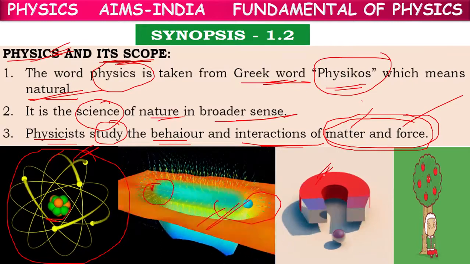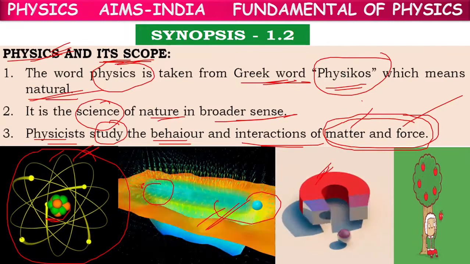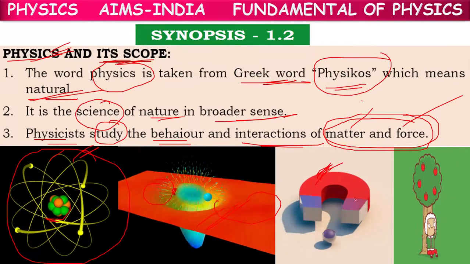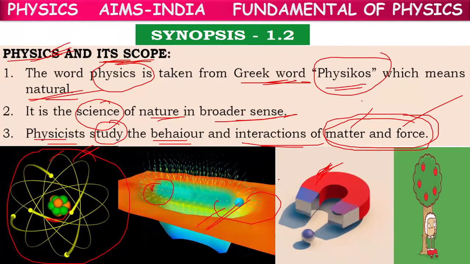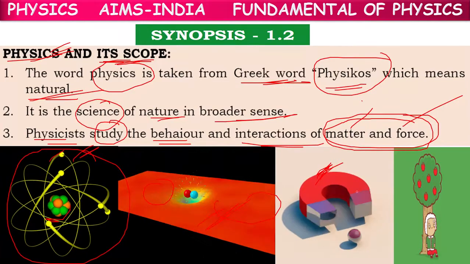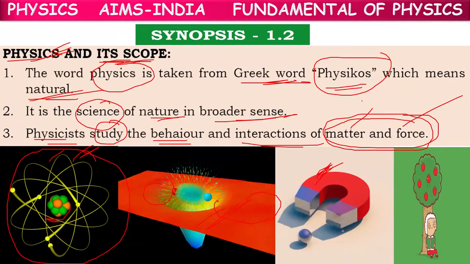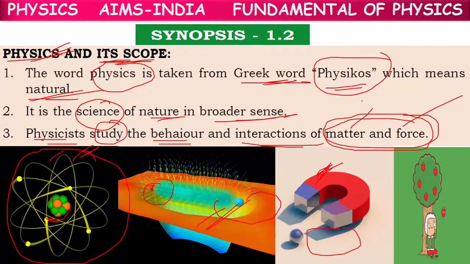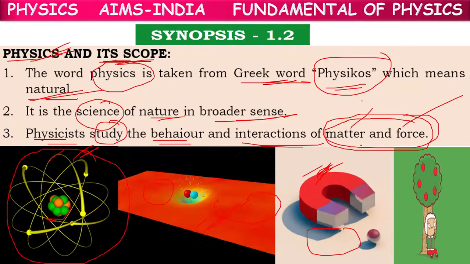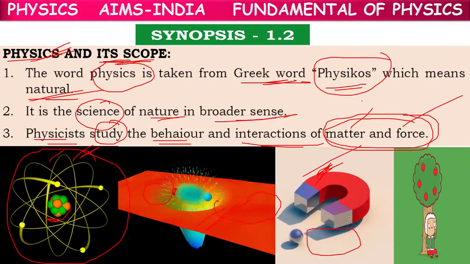Or here we have a magnet which is oscillating this side and that side. Along with the magnet, this ball is also oscillating this side and that side. Because of what force are they oscillating?